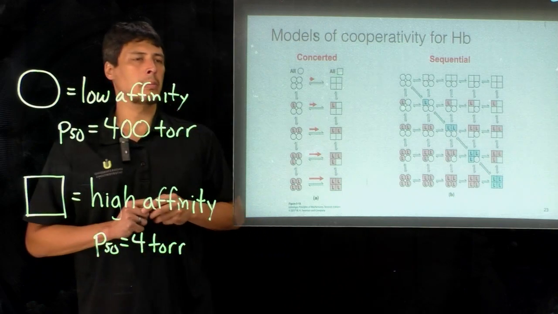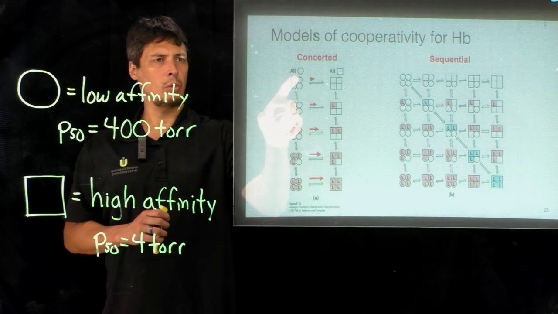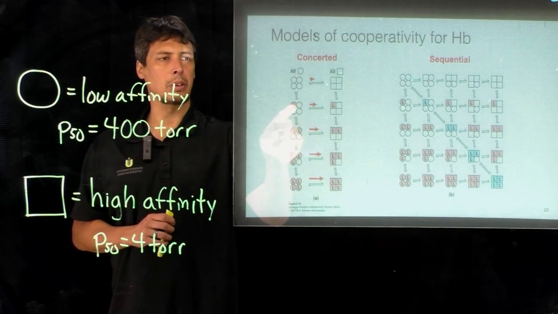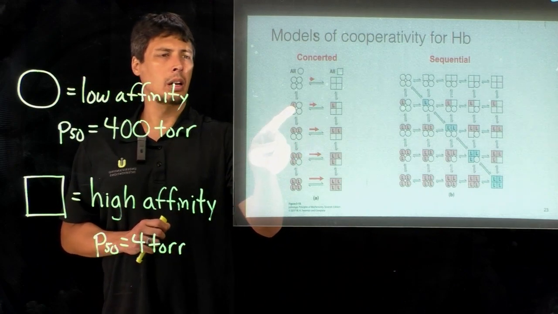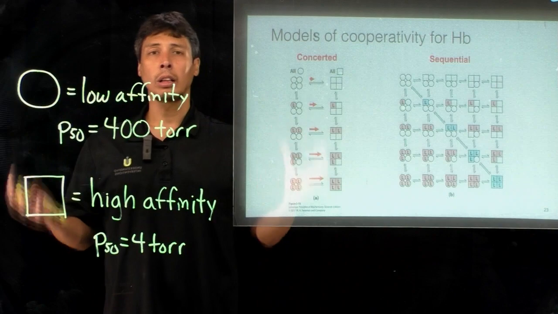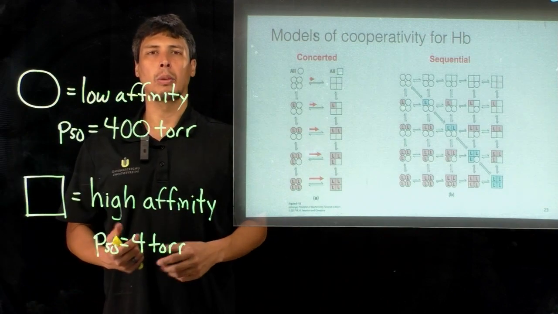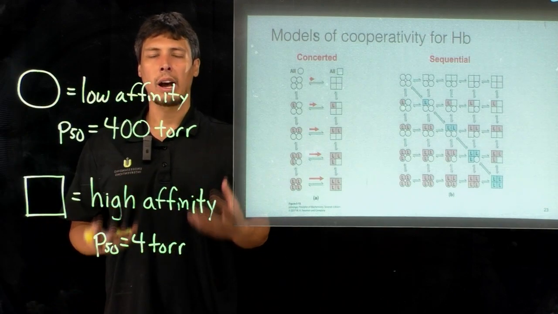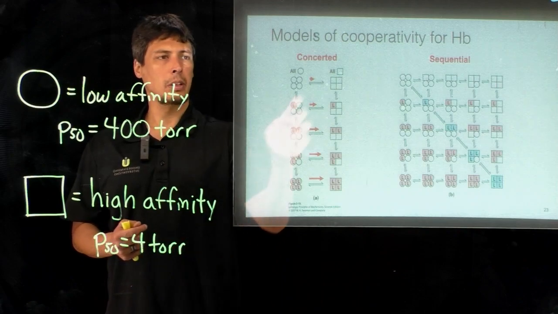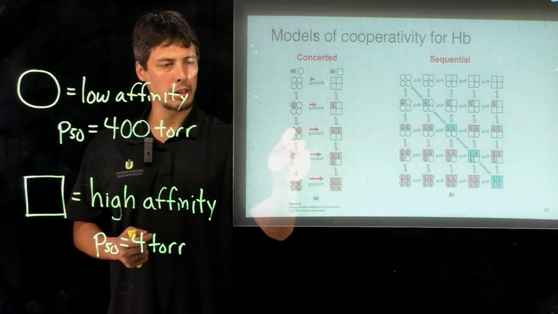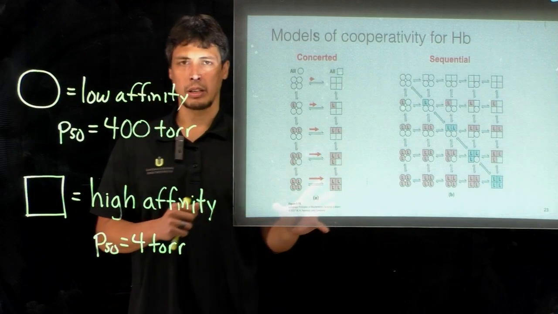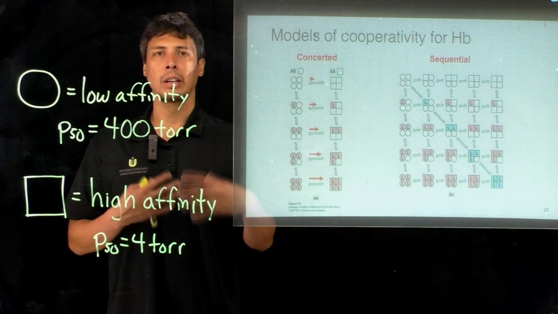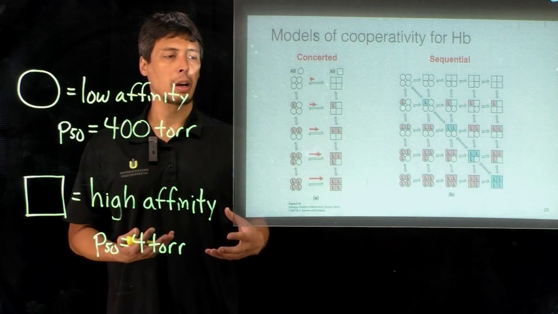So what the concerted model says is that when ligand binds to one of these subunits, this promotes conversion of all of the subunits within hemoglobin to a high affinity state. So that means the more ligands that are binding to the subunits, the more likely all of the subunits are going to convert into some sort of high affinity O2 binding state.